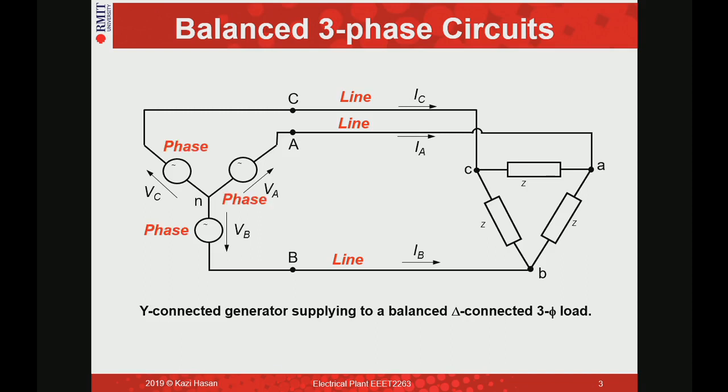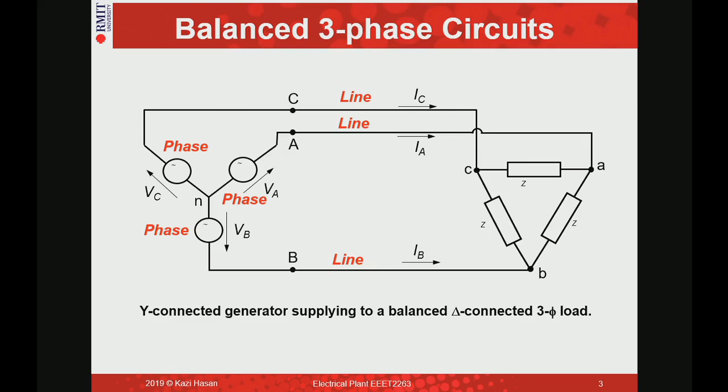So these we call line, and each of these is known as phase. So in Y, if you look at VA, the current is flowing through this phase towards point A. The same current is going through the line.